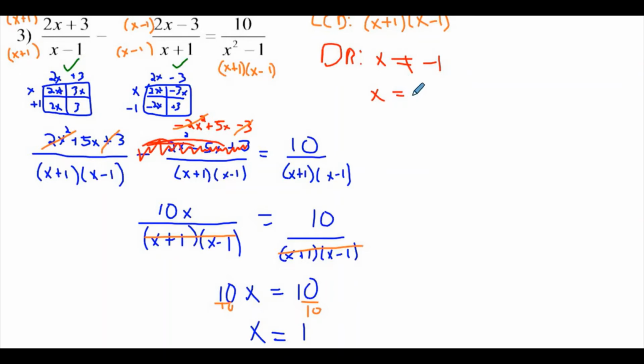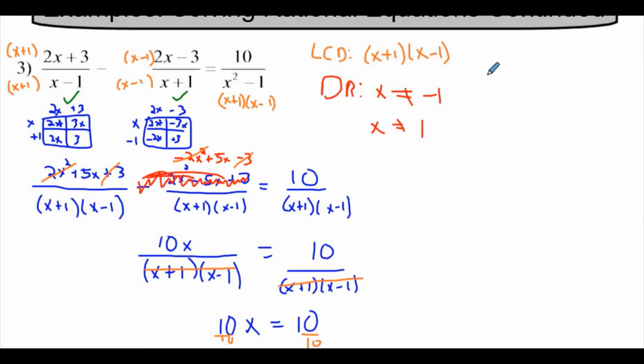Just to remind people where I'm getting that, if I set the LCD, that's one of the reasons we write it down. It's the least common denominator. So if you set that not equal to 0 and find what I like to call anti-solutions, meaning places where the graph is not allowed or the function is not allowed to exist, you get the two domain restrictions.